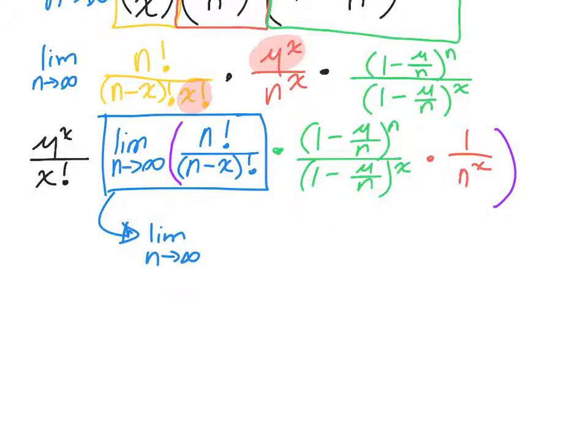All right. So n factorial could be written, if we write the expanded form, as n times n minus 1 times n minus 2 times n minus 3 times n minus 4 times n minus 5 times n minus 6 times, well, anything that you can think of all the way down to 1.